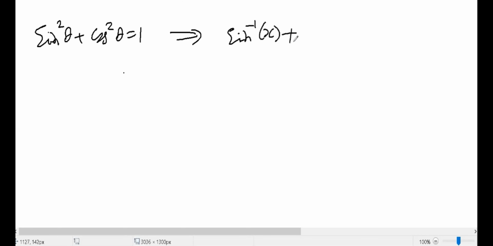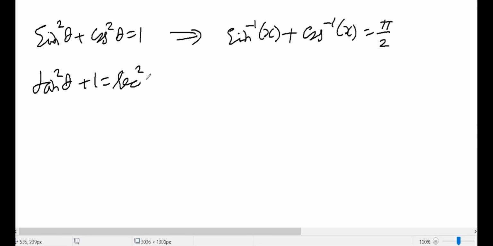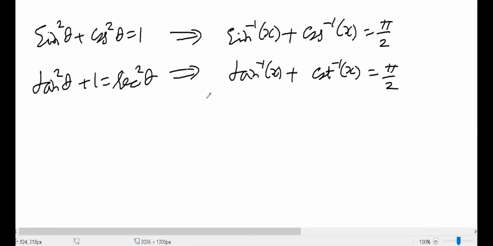Now I am going to relate a few more formulae. You know that sine square theta plus cos square theta is equal to 1. So in inverse trigonometric functions, you can relate this as sine inverse of x plus cos inverse of x is equal to pi by 2. Similarly, tan square theta plus 1 is equal to sec square theta, so tan inverse of x plus cot inverse of x is equal to pi by 2.